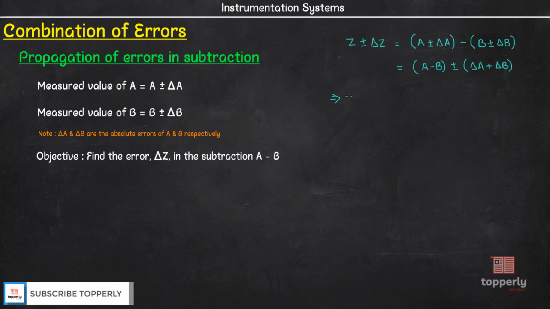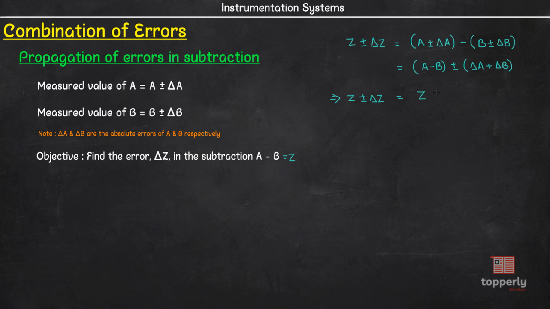So Z plus or minus delta Z is equal to, and A minus B is equal to Z. So Z plus or minus delta A plus delta B, and cancelling Z's leaves us with plus or minus delta Z is equal to plus or minus delta A plus delta B, or delta Z is equal to delta A plus delta B. Also note that this delta A and delta B are the absolute errors in A and B respectively.